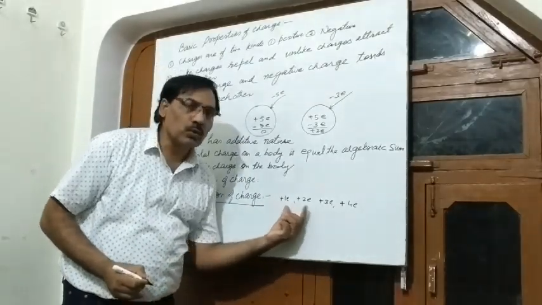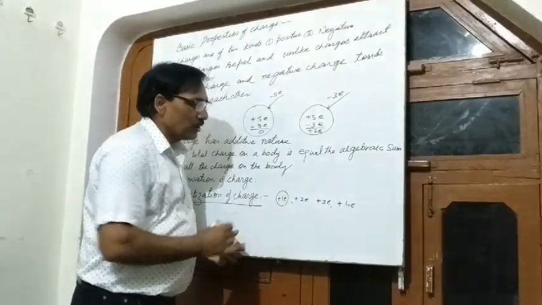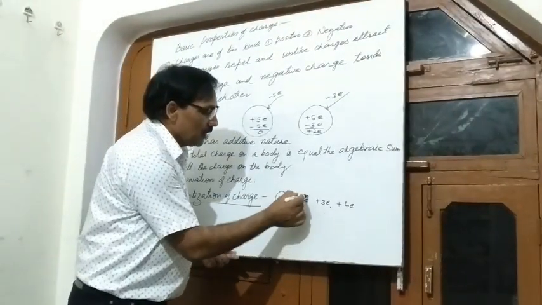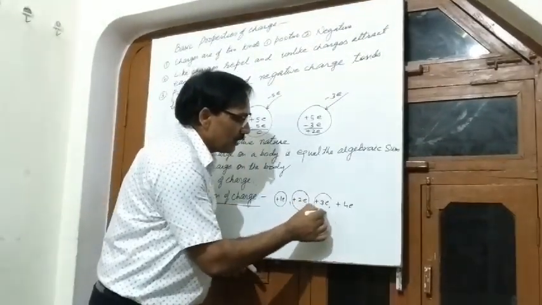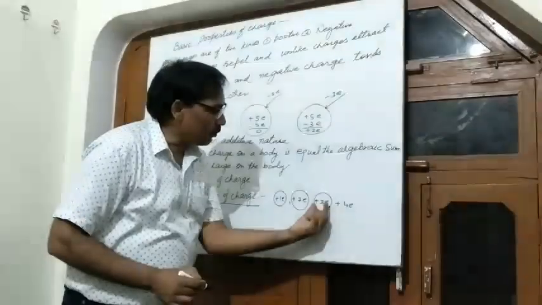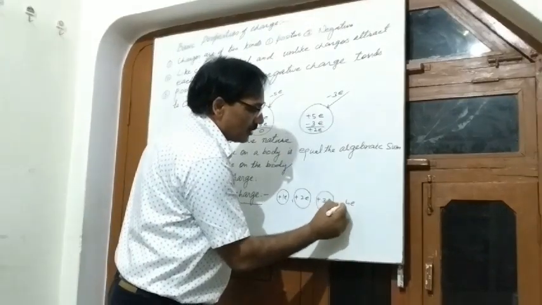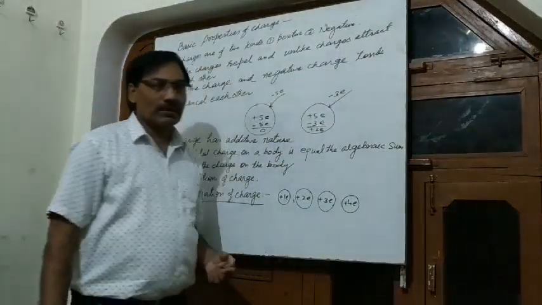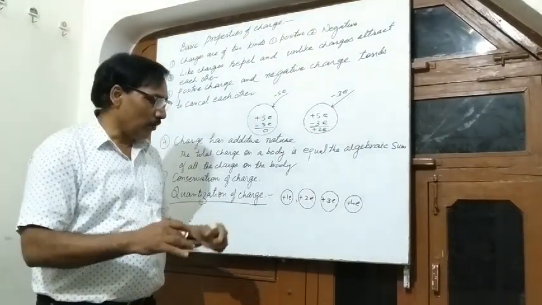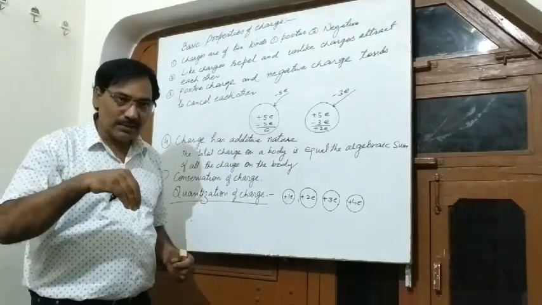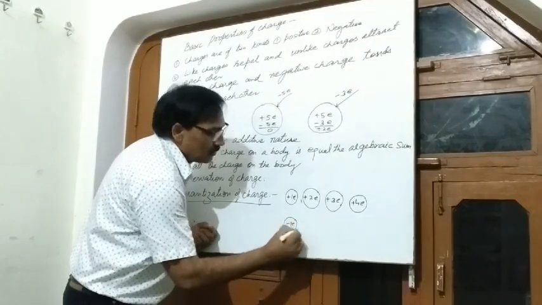That is, if the body loses electron. If the body loses 1 electron, then it will have plus 1e charge. If the body loses 2 electron, then it will have plus 2e charge. If body loses 3 electron, then it will have plus 3e charge. And if the body loses 4 electron, then it will have charge equal to charge on 4 electron, positive in nature. And in the same way, if the body gains 1 electron, then the body will have charge equal to minus 1e.